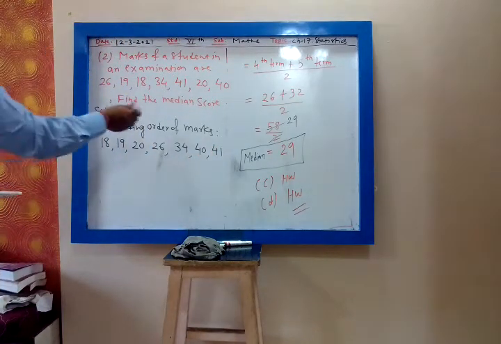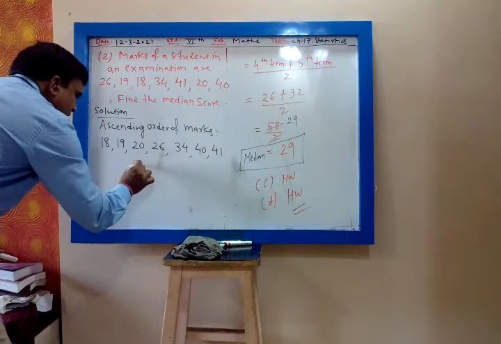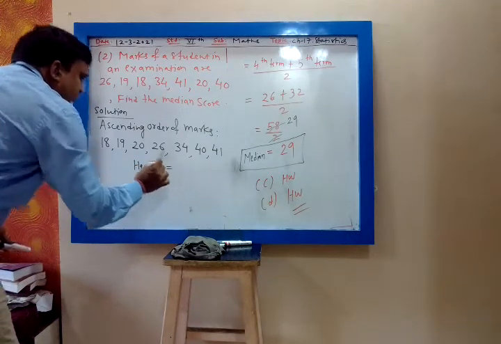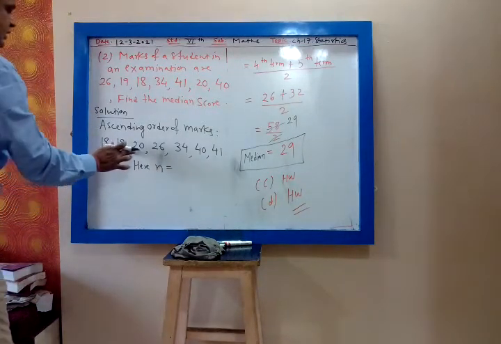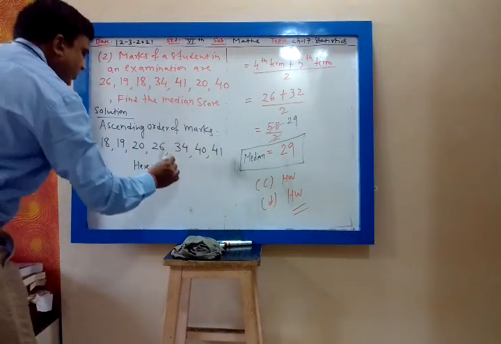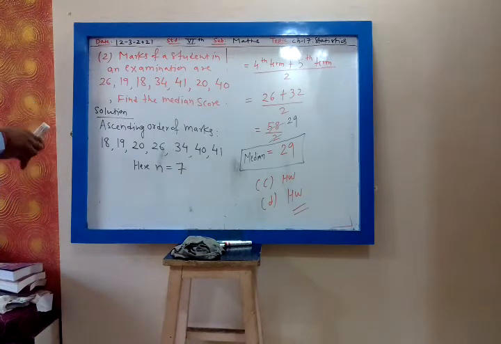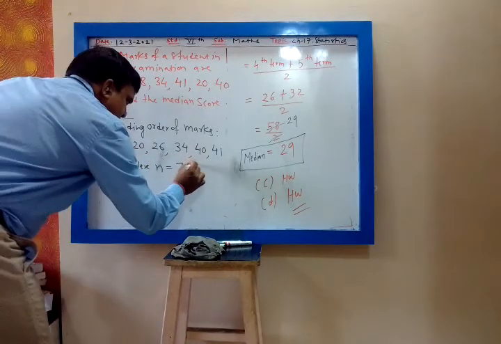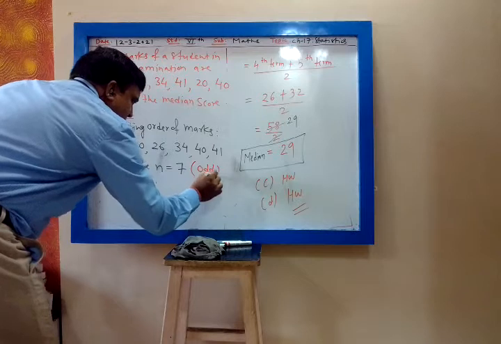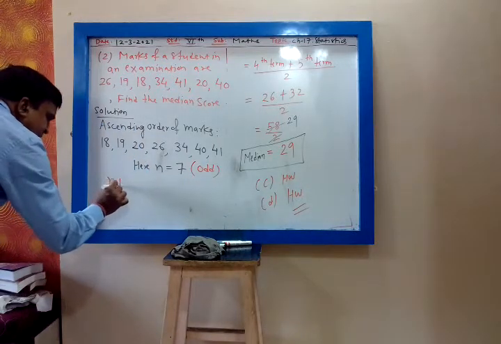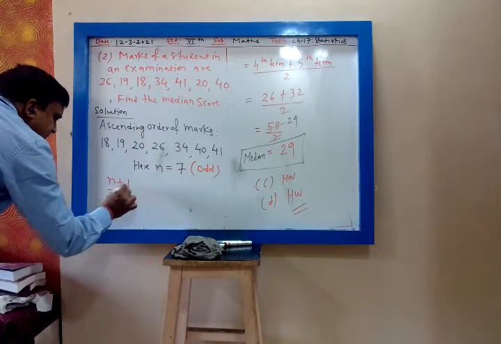Now we calculate how many data are given. What is n here? How many values are given? 1, 2, 3, 4, 5, 6, 7. 7 is odd. So the formula will be (n plus 1) divided by 2th term.